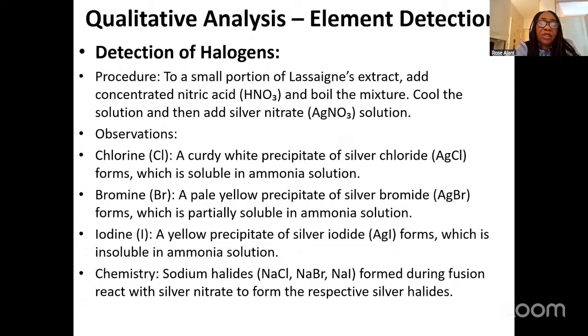If iodine is present, you see a yellow precipitate of silver iodide, which is insoluble in ammonia solution. The chemistry is that sodium halides formed during fusion react with silver nitrate to form the respective silver halides.